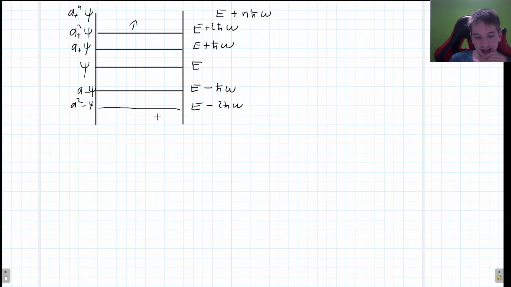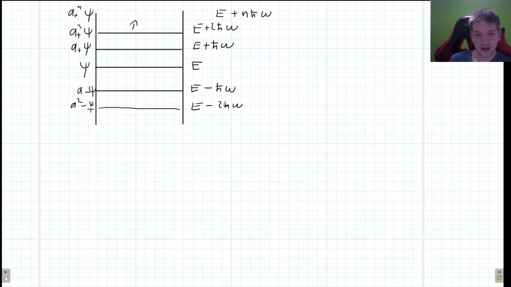So, what was the whole point of this? Because what we wanted was to find these wave functions. We haven't found them yet. And here is where the brilliance of this method comes in. Because if we continue to lower the energy, each time you apply this a minus operator, eventually you have to get to some state where you just can't go any lower.